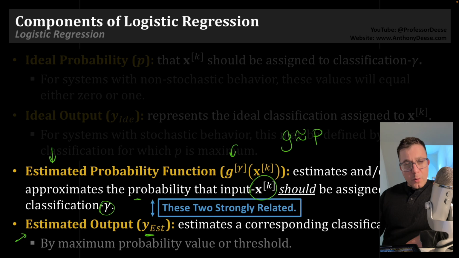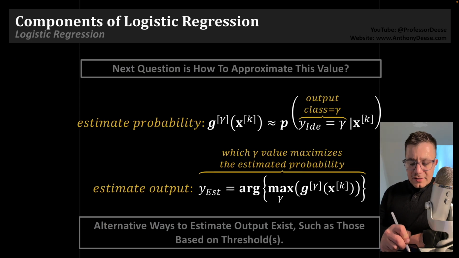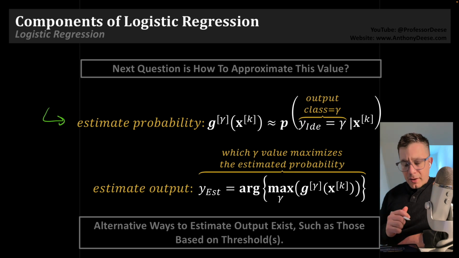And again, for a well-trained system, we expect Y sub EST to be very close to Y sub IDE or to match it. So let's take a look at some expressions relevant to logistic regression. Here we have a function G that estimates the probability that an input is associated with a given classification, and it should be approximately equal to its ideal value.